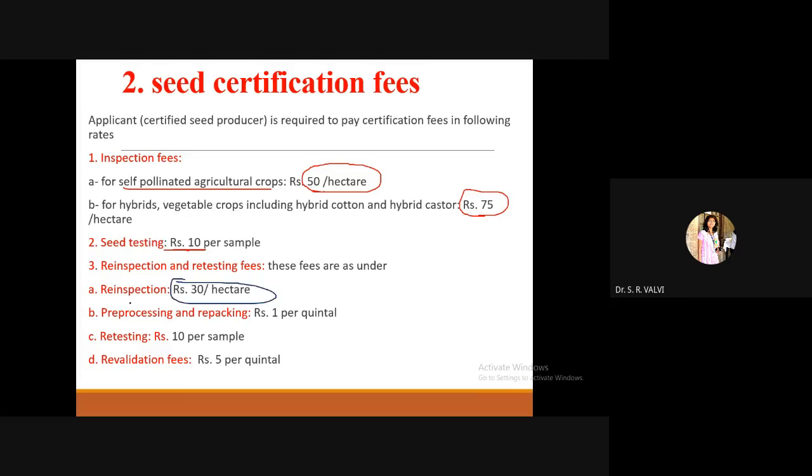For reprocessing and repacking, only rupees 1 per quintal. Very affordable fees. Then retesting, rupees 10 per sample, the same as seed testing. Then revalidation fees, rupees 5 per quintal. So likewise these are the seed certification fees.